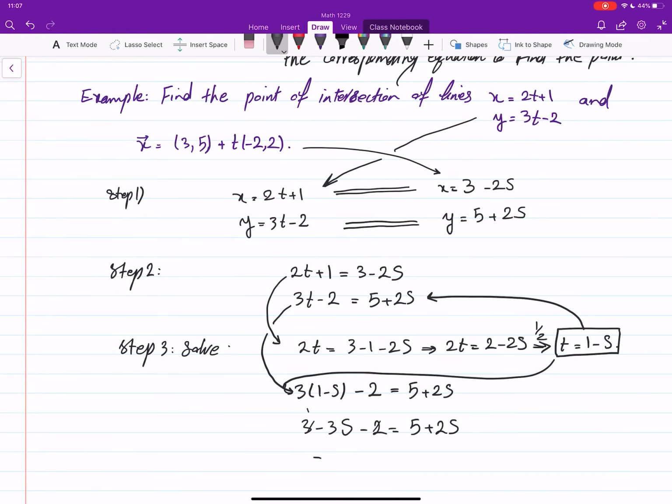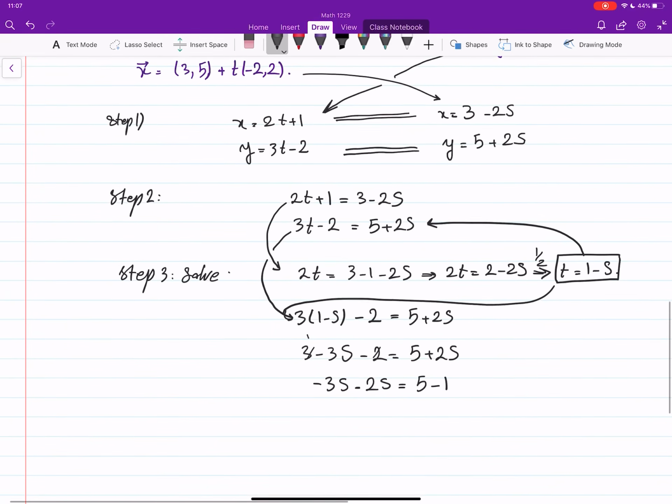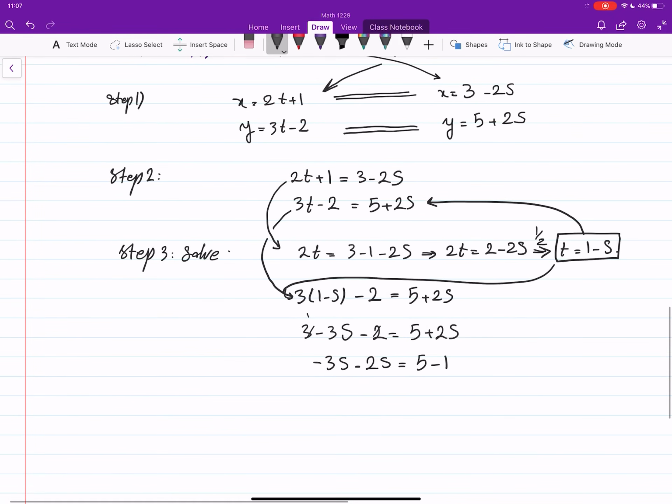So minus 3s minus 2s equals 5 minus 1. Okay, and this means that minus 5s equals 4, and that gives us s equals 4 over negative 5.